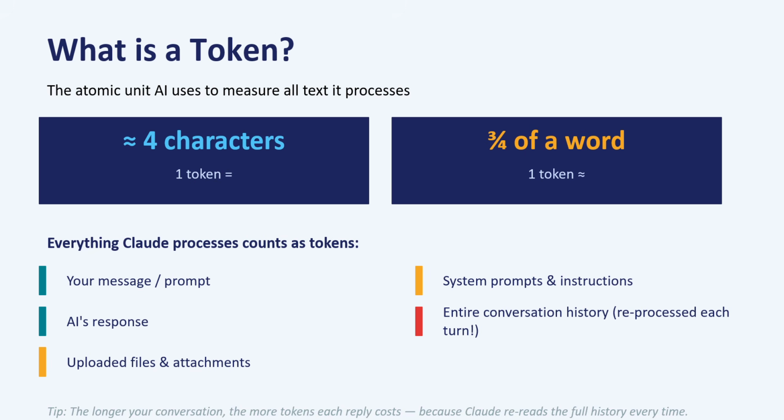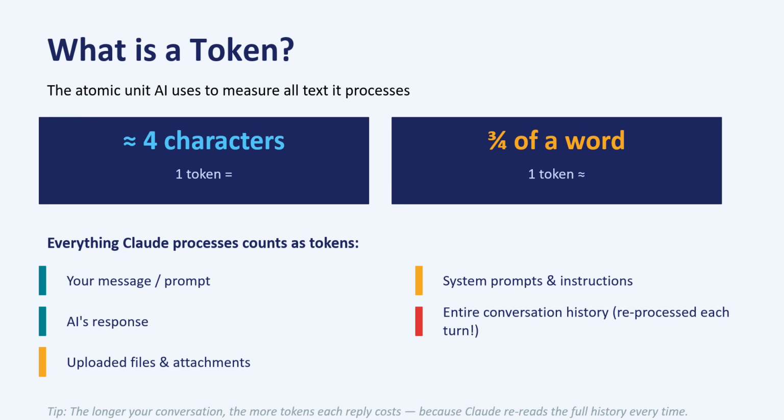The tokens are everything: the message that we provide, and the message the AI responds with. It can be files, attachments, system prompts, instructions, and the entire conversation history, whatever we have done previously.